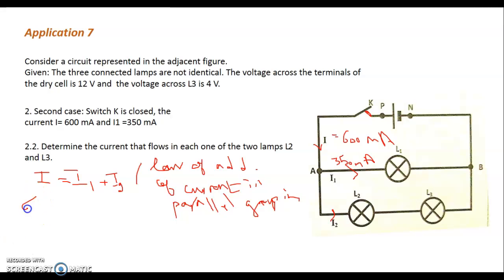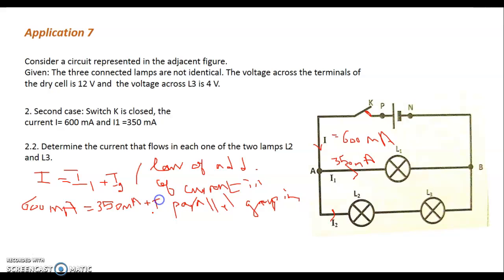I is 600 milliampere, I1 is 350. We still need to find I2.